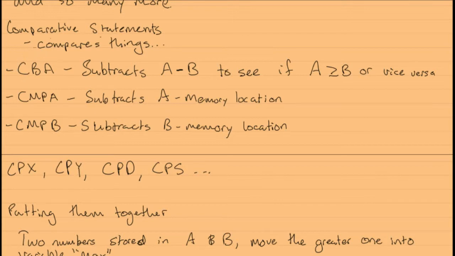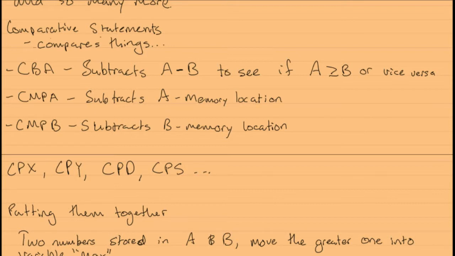It's pretty self-explanatory. It subtracts the number inside A from the number inside B, and doing that operation will tell you if A is greater or equal to B, or if B is greater or equal to A. Basically, it just tells you which one is greater than the other.